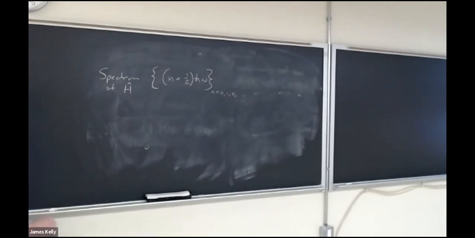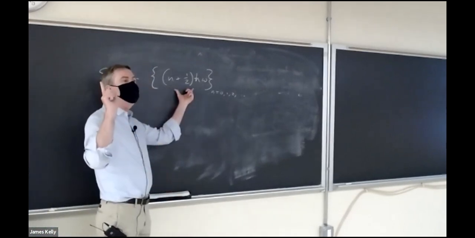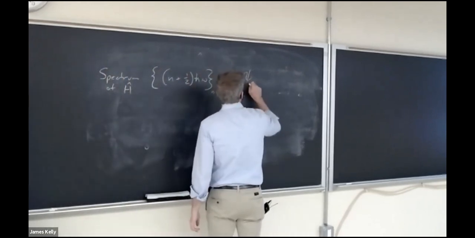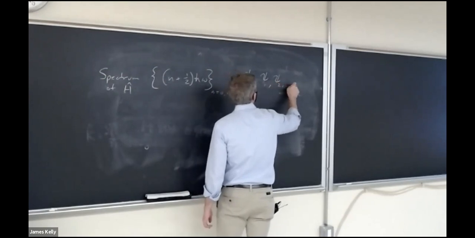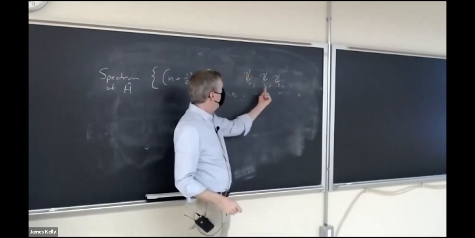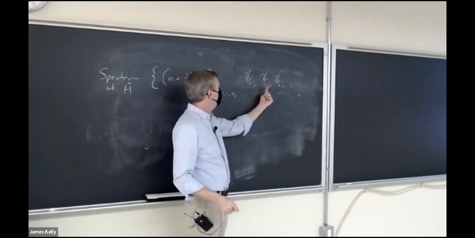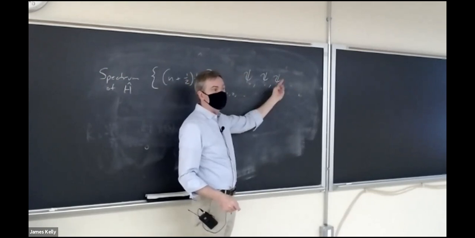It's non-degenerate. That means for each one of these energies, there was only one psi, right? We had psi 0, psi 1, and psi 2, and so on. Each one of these is a polynomial. This was a polynomial of degree 1, the Hermite polynomial, times a Gaussian function. This is a polynomial of degree 2 times a Gaussian function.